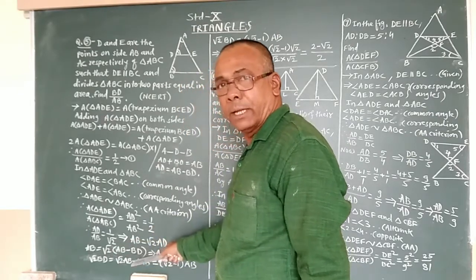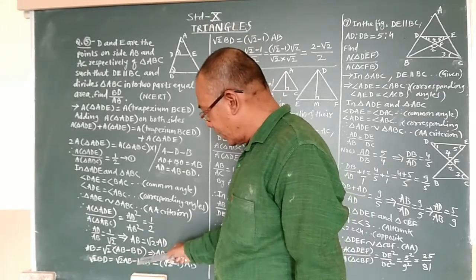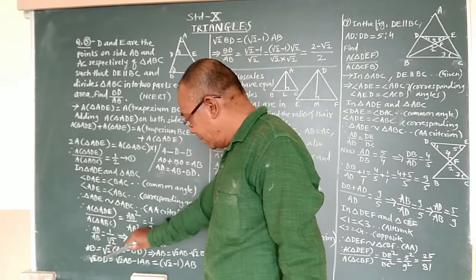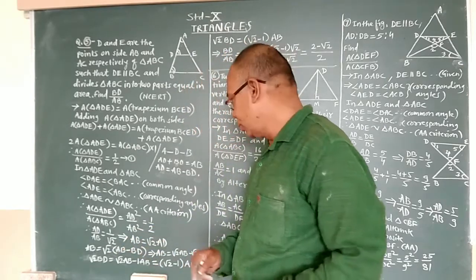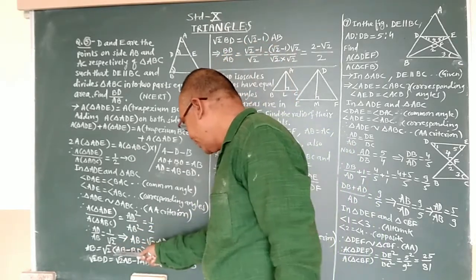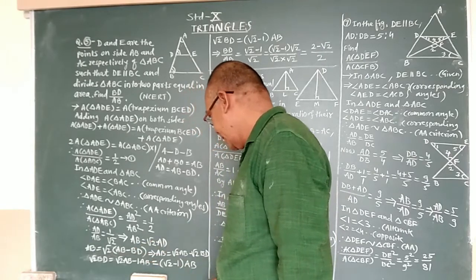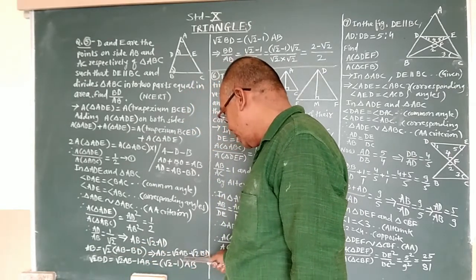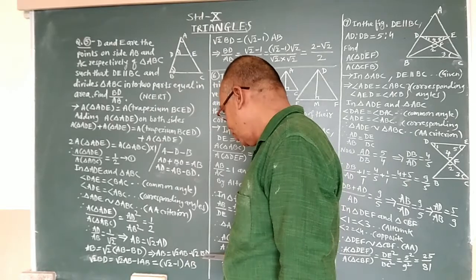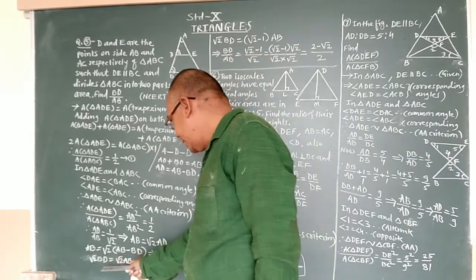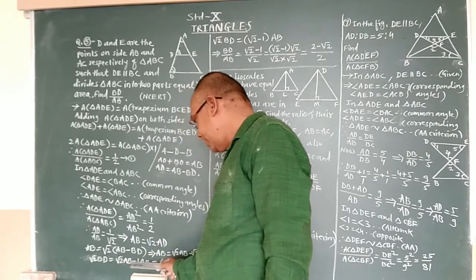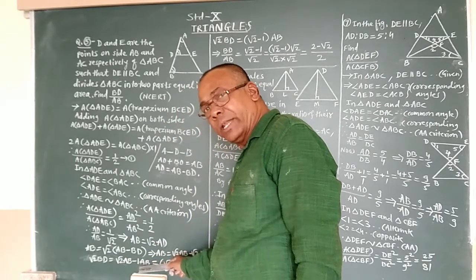Here we have to apply the distributive law, so we will multiply the terms in the bracket by root 2. So root 2 into AB minus root 2 into BD, that is AB is equal to root 2 AB minus root 2 BD, and therefore we will get root 2 BD is equal to root 2 AB minus AB, means 1 AB.